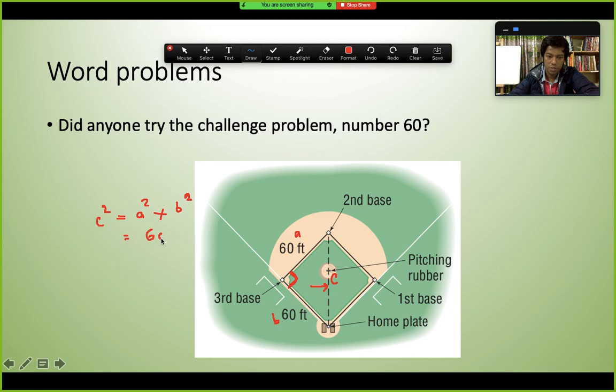So we can write 60 squared plus 60 squared, then from here we can do the calculation and get the solution.